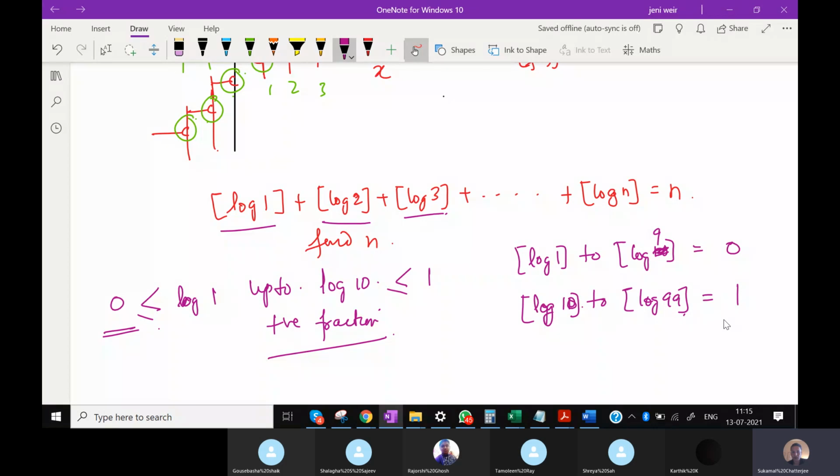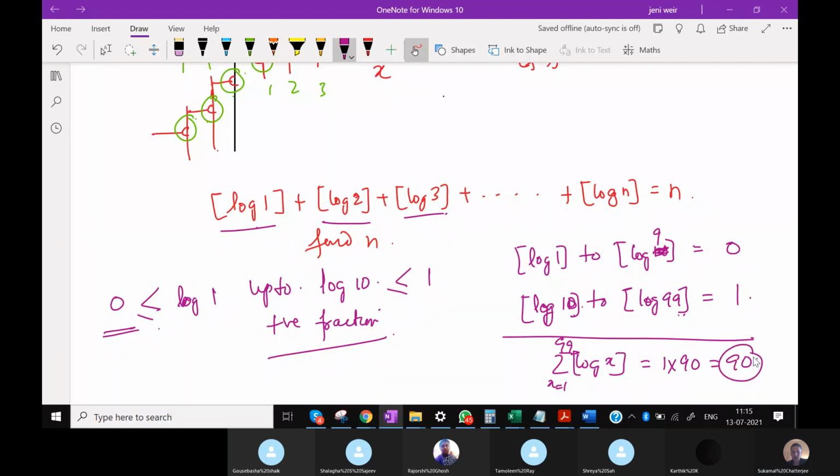So therefore, all numbers from 10 to 99 will give you a value of 1 when you take the box of their log. So if I add up all the numbers from log 1 to log 99, I will get the sum of box of log of x from 1 to 99. This will be 1 into 99 minus 10 plus 1, which is 90. So this sum will be 90.